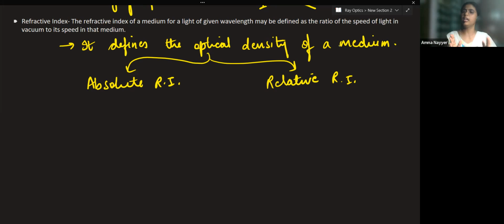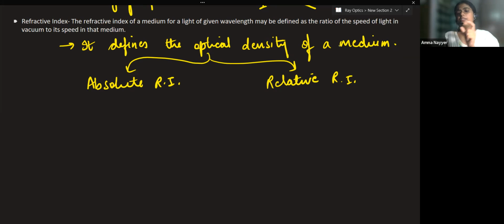But when you have air as a reference, if the ratio of two speeds of light is given, or the ratio of the light's wavelengths is given, and one of the media is air, the other medium can be anything. It can be water, glass, or any other medium. But if one of the media is air, vacuum or free space, which we say, you have absolute refractive index.